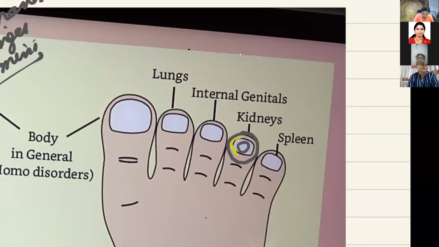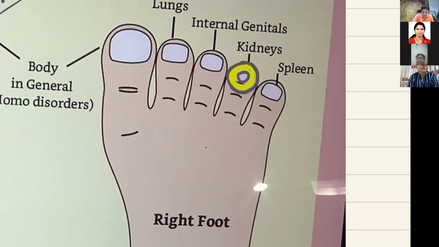So outside yellow, this is chakra magnet, and inside white. This is what we discussed last time. This is called tonification effect.